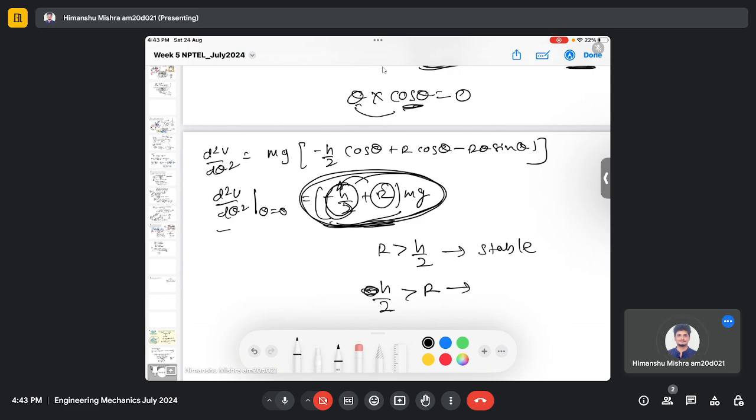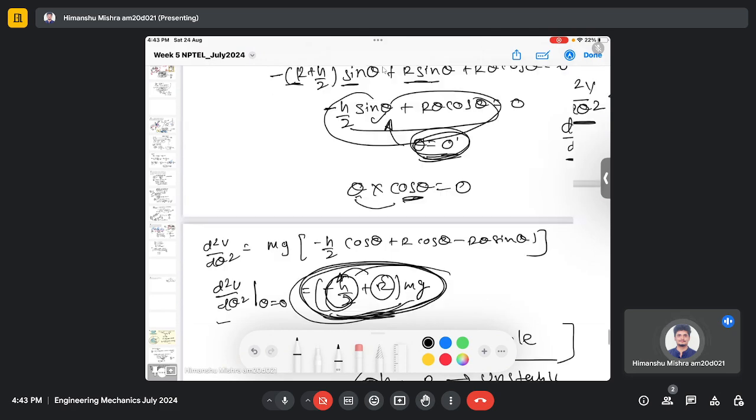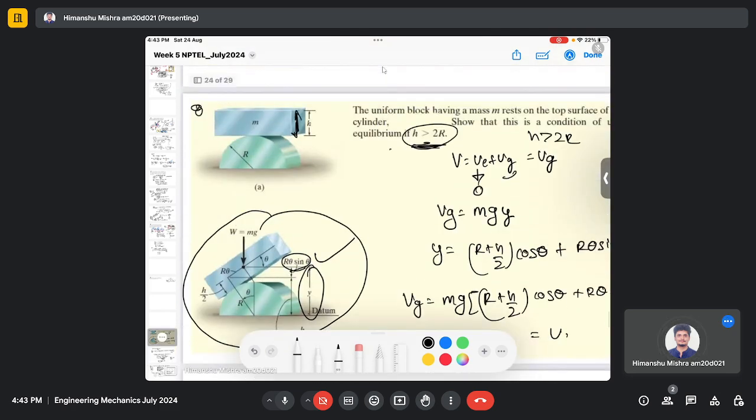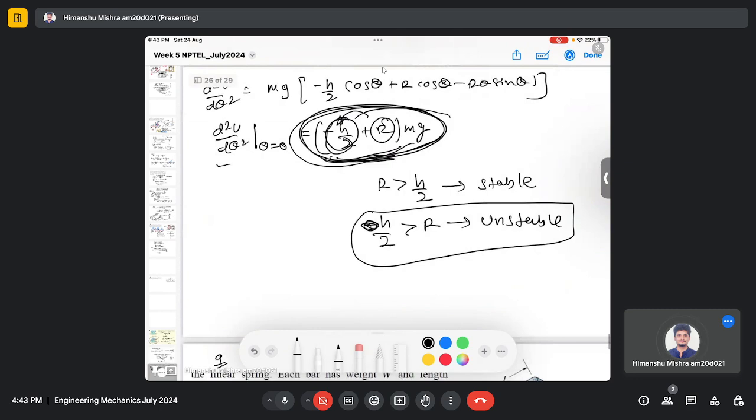Then this whole quantity is less than 0, it should be negative, and then the system is unstable. So for an unstable system, h by 2 should be greater than r, or we can also write h should be greater than 2r for the system to remain unstable, right?